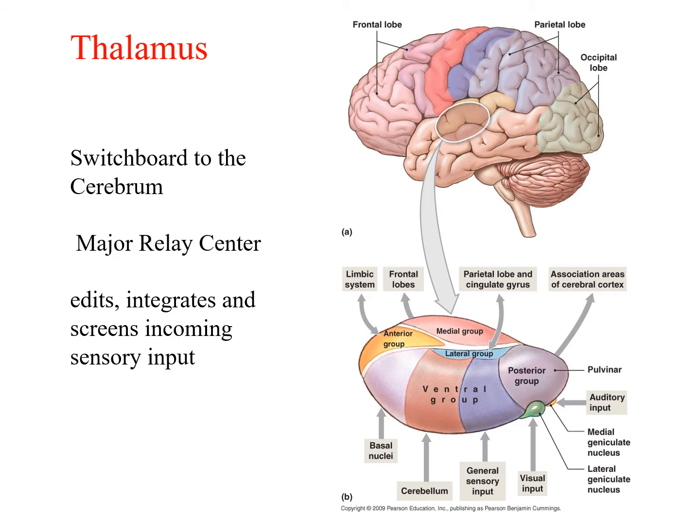You can consider the thalamus basically the switchboard to the cerebrum, because it is a major relay center. As you can see from the labels to the right, it sends impulses to the somatosensory cortex, which allows the somatosensory cortex to receive signals from the proper part of the body.